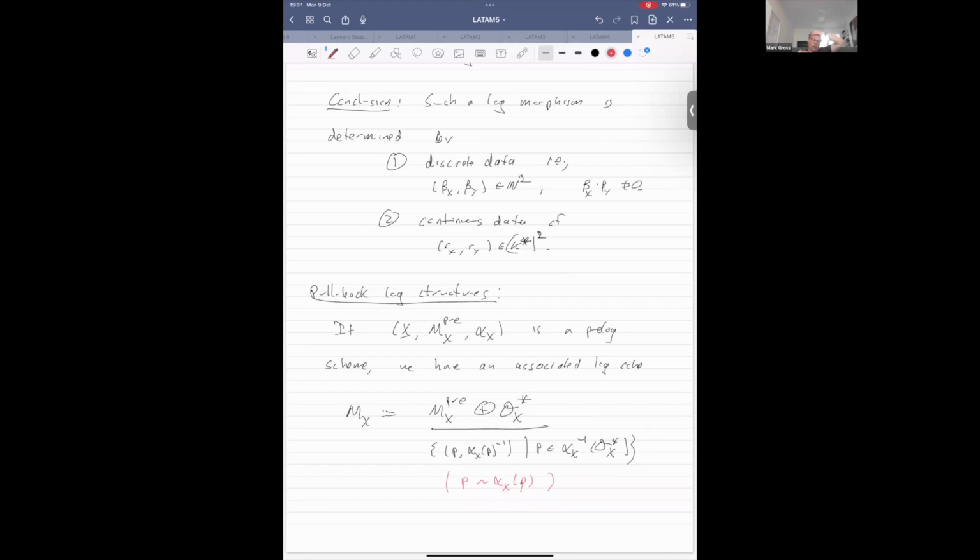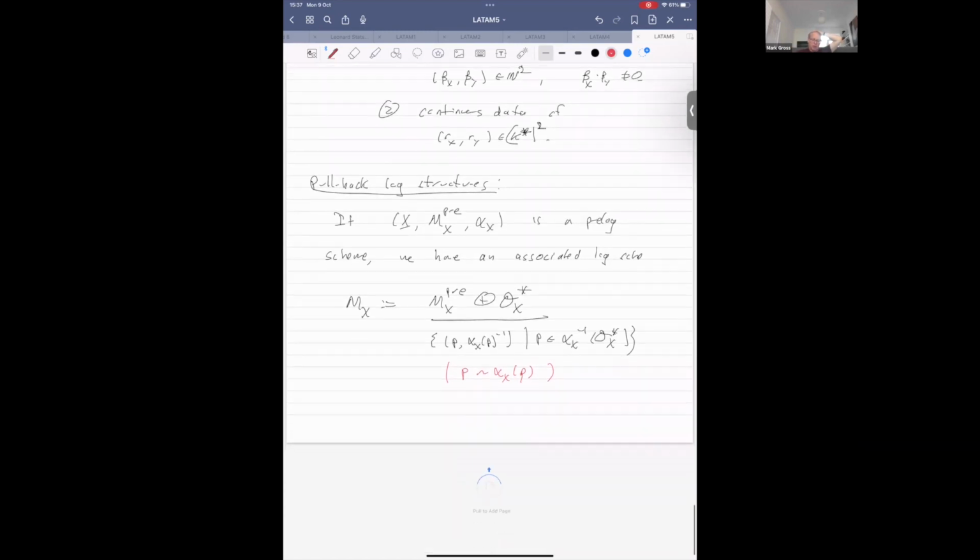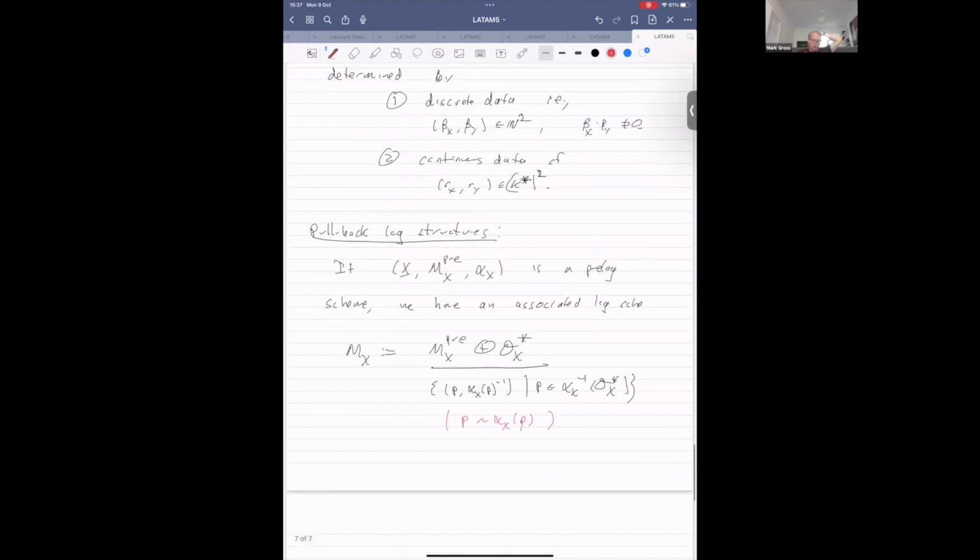Okay, so this is just a way of sticking in a free copy of O_X^*. And anything in M_X^pre which maps to O_X^* is identified with the element of O_X^*.